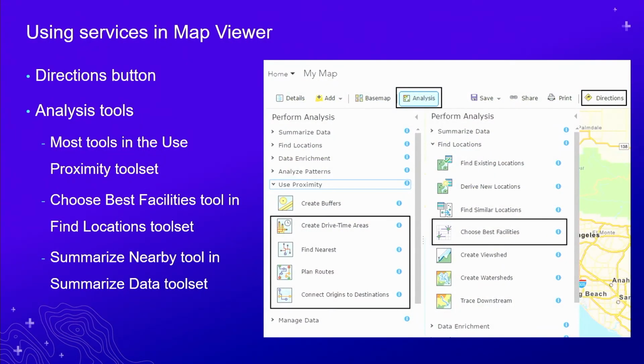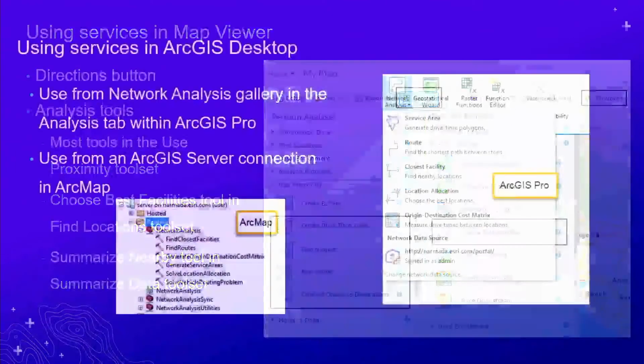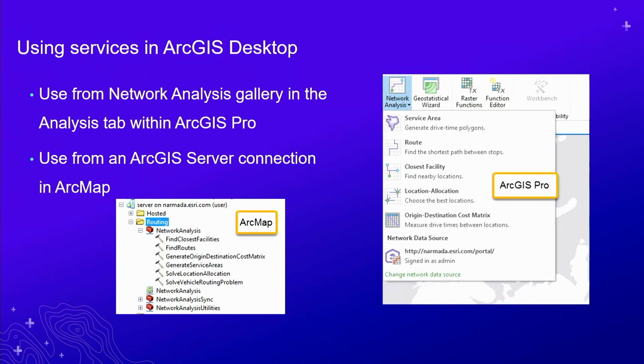Once you have published the routing services, you can use them from many different applications. Like in the Map Viewer application that you get with your enterprise portal, you can use the routing services from the directions button or from many different analysis tools that are within the Use Proximity category. From ArcGIS desktop applications like ArcMap or ArcGIS Pro, you can use the services by making a connection to your GIS server, and then in ArcMap, these services will show up as geoprocessing tools.